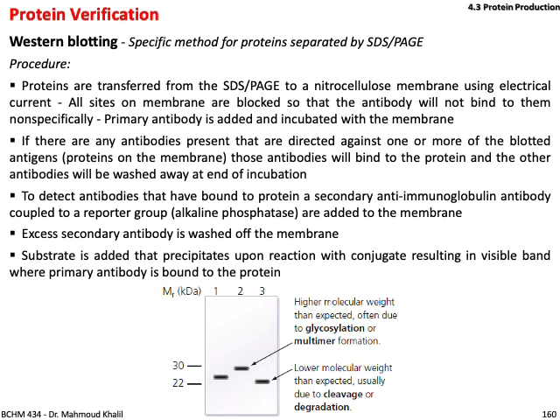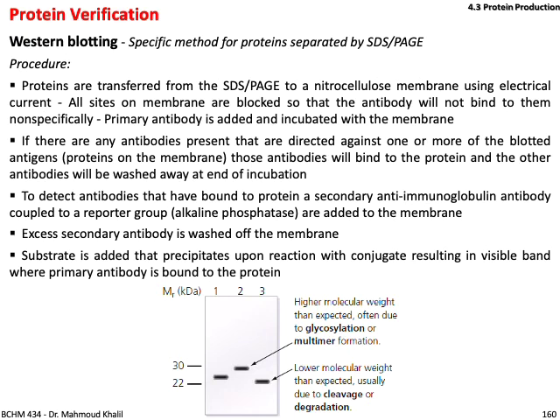And you can see here, this is a readout of the Western blot. You can see that lane 2 has a higher molecular weight than expected, often due to glycosylation. Glycosylation is the addition of a carbohydrate group on the protein. Once the same protein has an additional carbohydrate group, it will be retarded in migration because the migration is according to size.